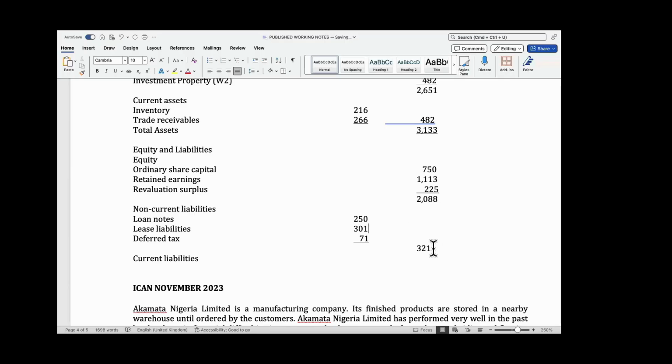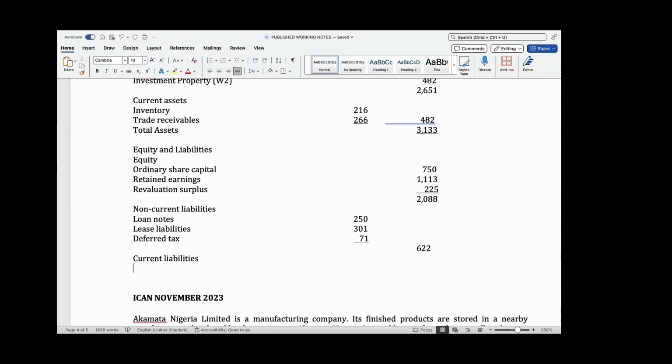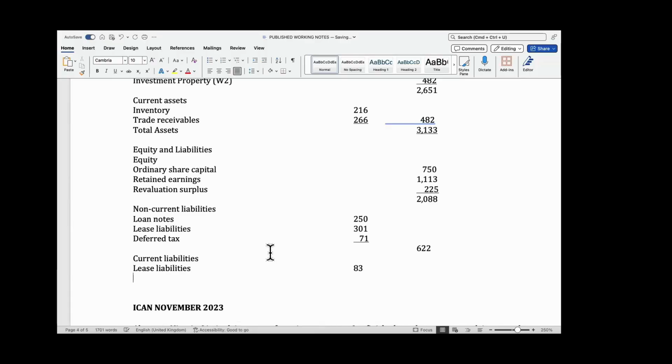So add 301 to this. That's 622. Yes. So I won't forget this one too. And this is 83. All these are from workings 4.